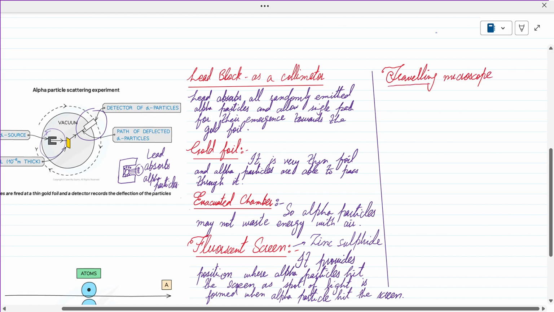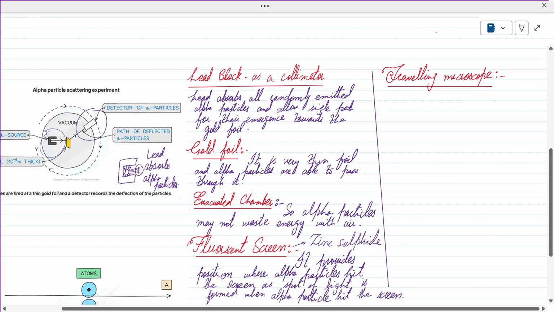It is a very important part of this experiment, because it measures the angle at which the alpha particles scatter after deflecting from the gold foil.